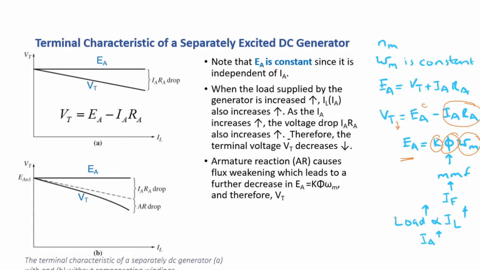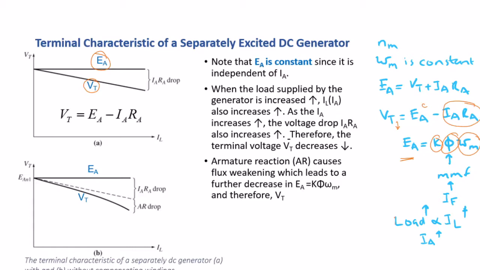And therefore, if you look at the top plot on the left hand side, you can see that EA is constant, while Vt, as you go from the left to the right, is decreasing.